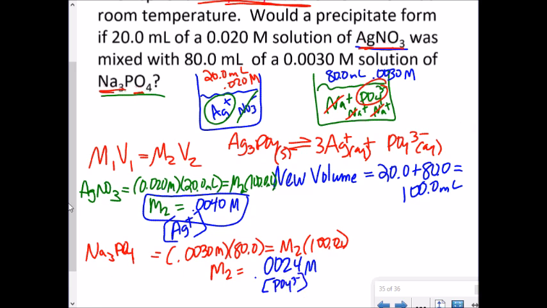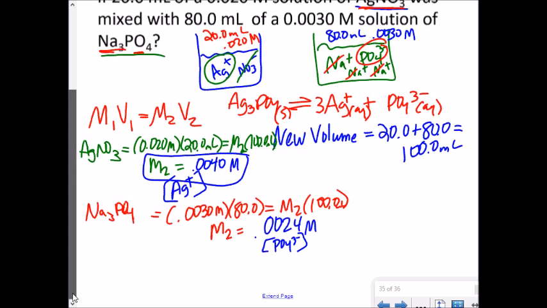Right? So now we know our initials, and what do you do with the initial values when you had Q for regular equilibrium? You plug them into the what? The K expression. In this case, it's going to be a Ksp expression. So let's look at our Ksp expression here. Did we write out our expression? No, we didn't write it out.